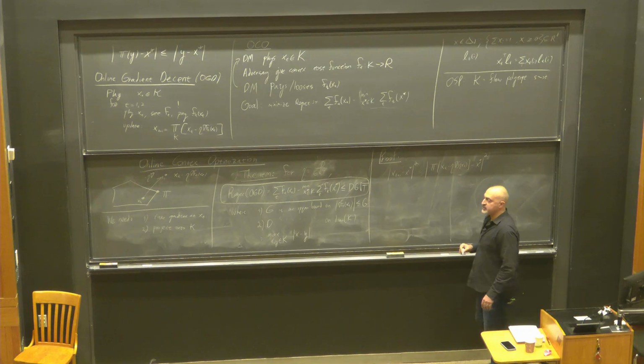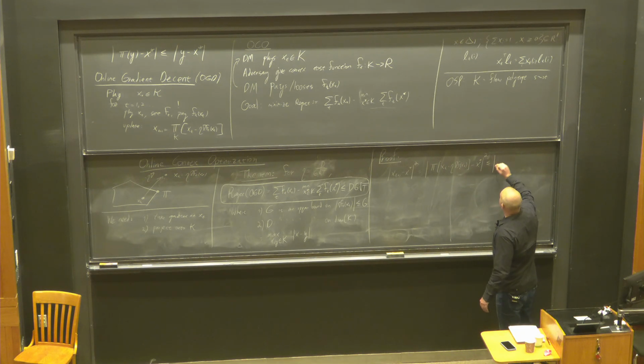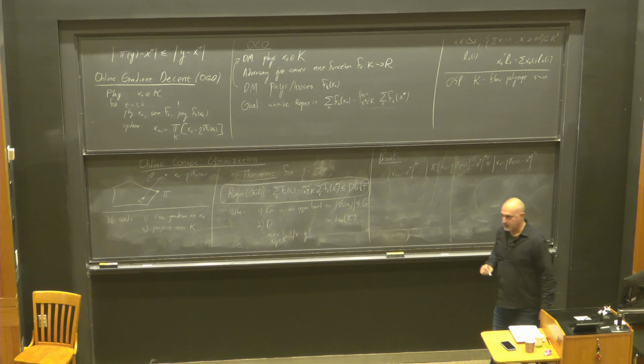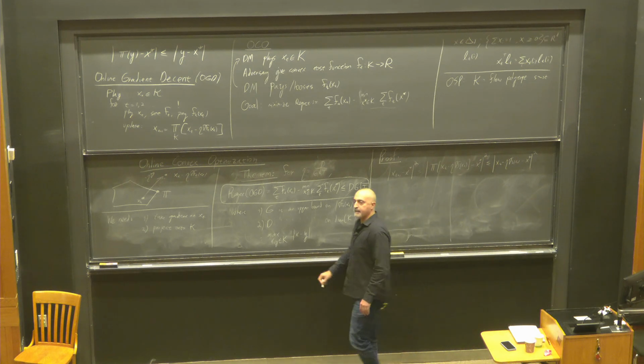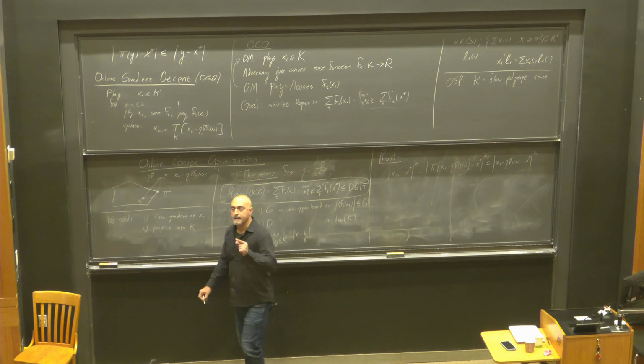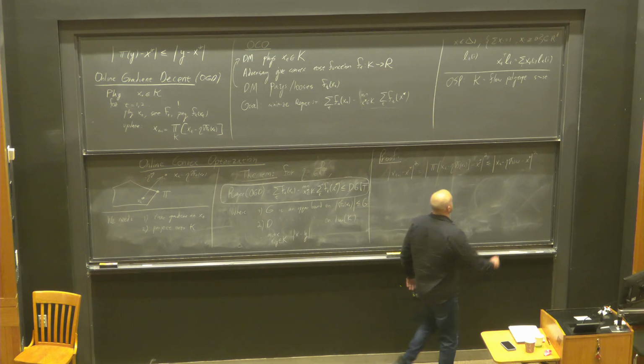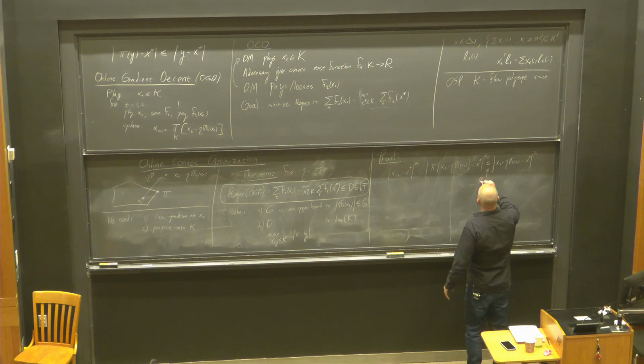By definition of the algorithm, I claim it is at most the norm squared of x_t minus eta gradient f_t at x_t minus x star. And why is this true? Correct. This is by the Pythagorean theorem.